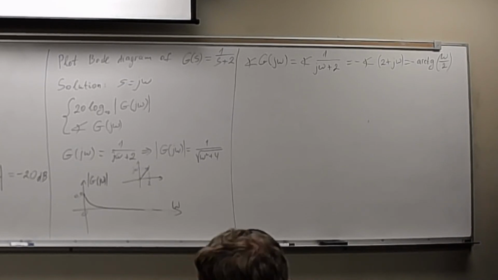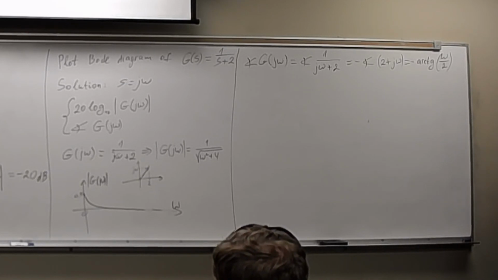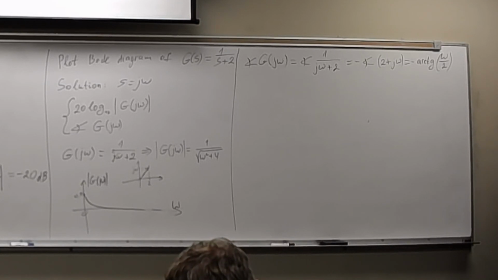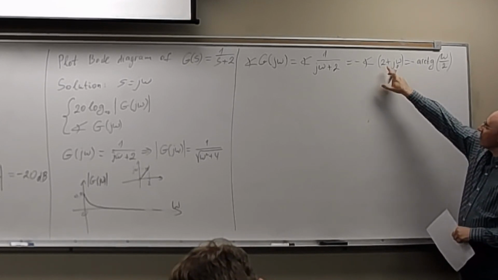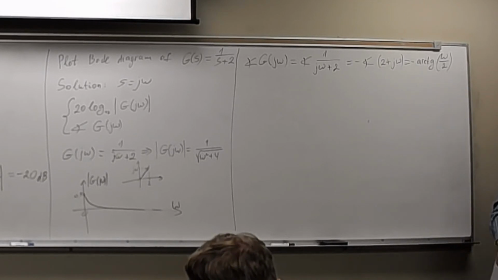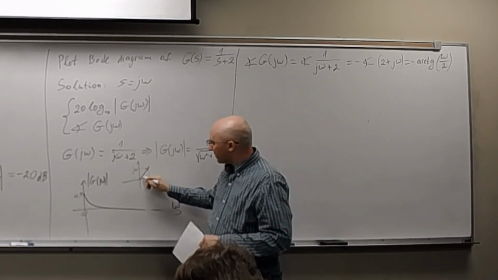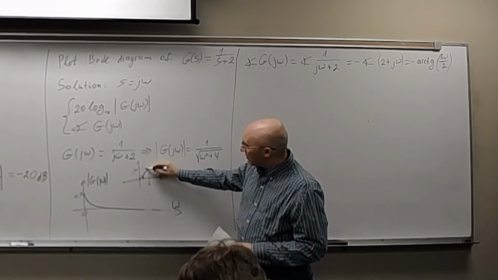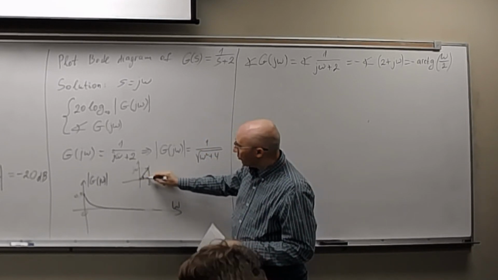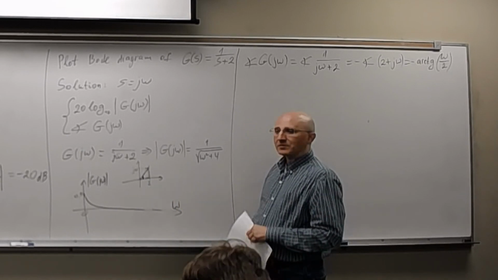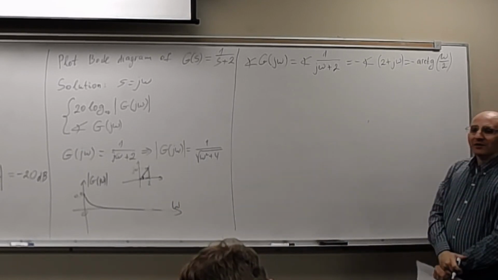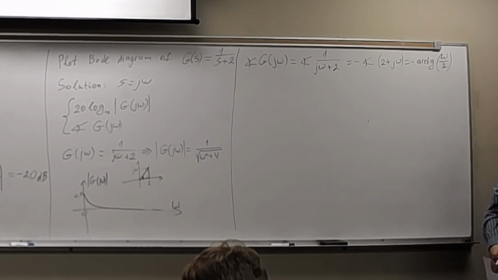I don't know if you are used to the notation of arctangent or tan to the minus 1, the same thing, inverse tangent. Okay? So it's just taking this one divided by this one and the arctangent. Exactly the same way, I mean, you're finding that angle. And omega divided by 2 is basically the tangent of that angle, right? So you need the inverse of the function to get the actual angle.